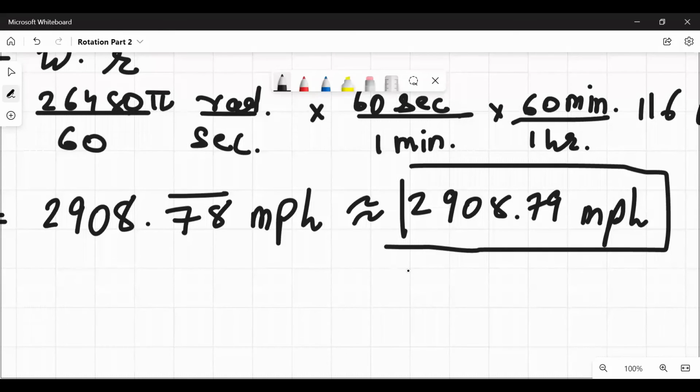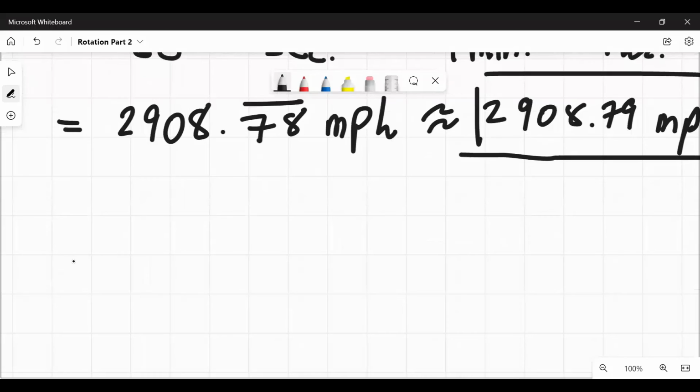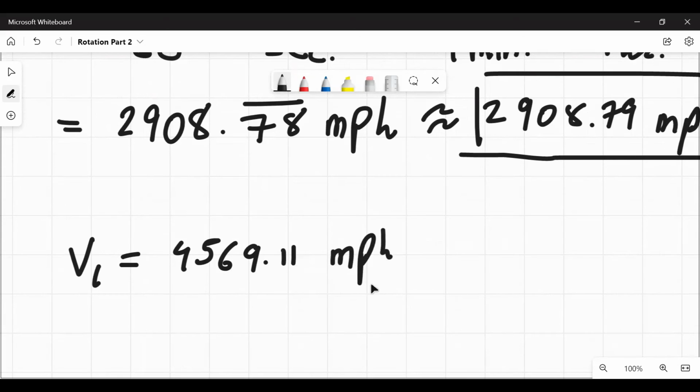So the speed, in fact, if you look at it from the original one. So let's say this V1 was from the last one. It was 4569.11 miles per hour.